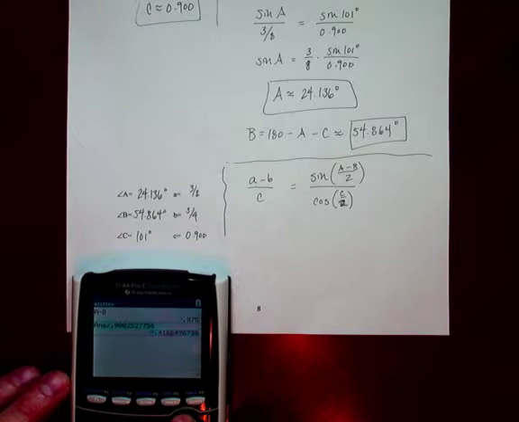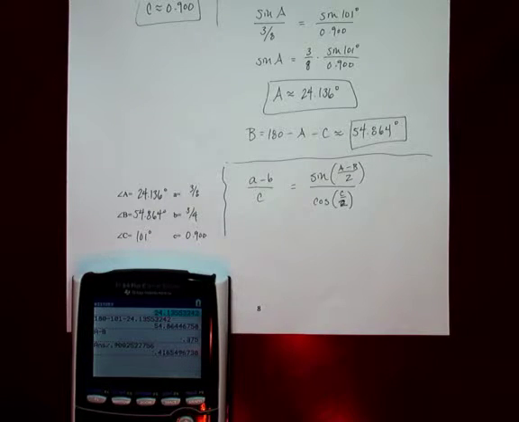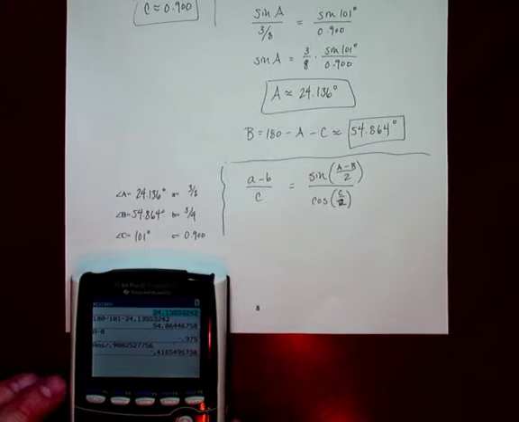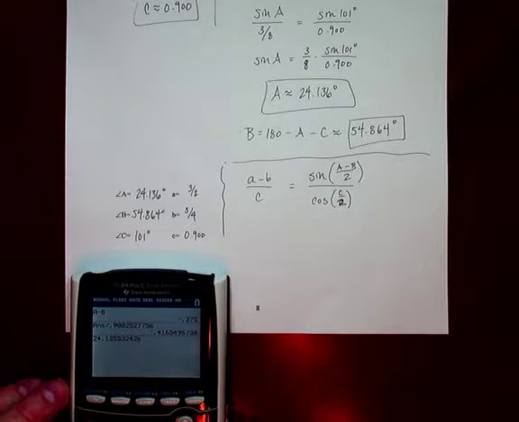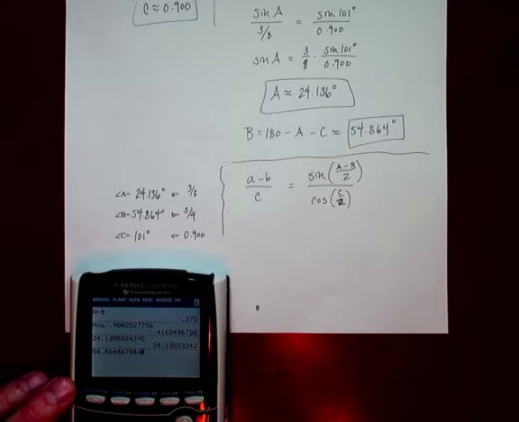Now, unfortunately, I have stuff already plugged in for A and B, so I'm just going to go to D, E, and F down here, since those run right under A, B, and C. I'm going to store the value for angle A into D, because it's right below A, and then I'm going to store angle B into E. So what I need is the sine of (D minus E) over 2, and that's negative 2.6.